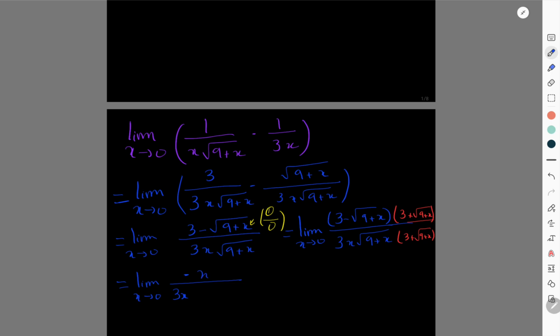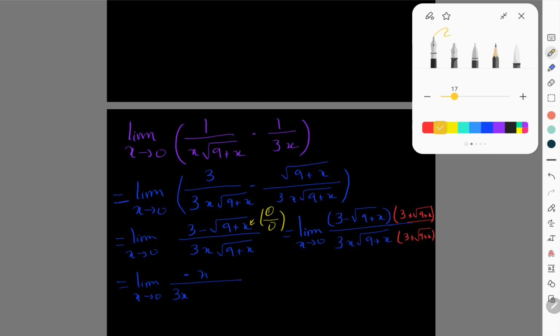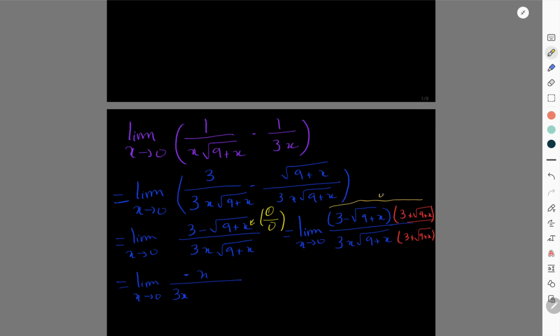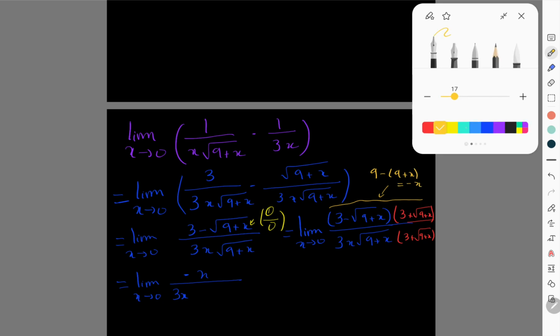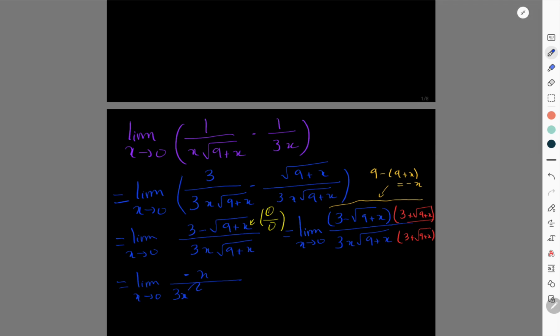If we expand this, we can do it on the side. This expansion here is 9 minus 9 plus x, which is minus x. So it's minus x times 3 plus root 9 plus x.